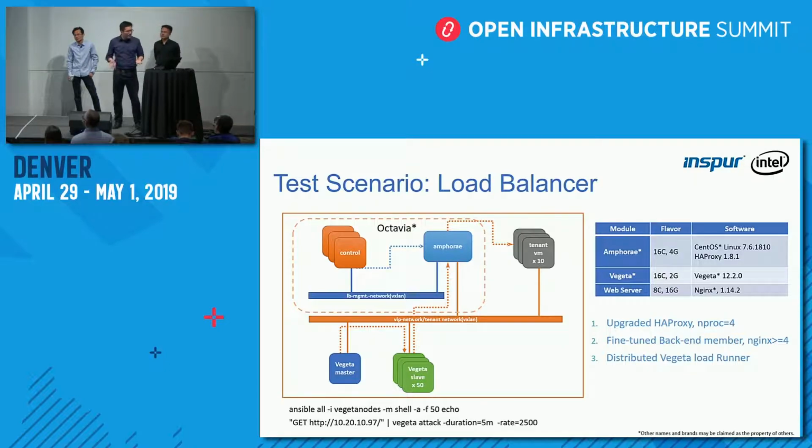And to get better performance, we tried to optimize the performance of Octavia. The main step we did is to upgrade the HAProxy from version 1.7 to 1.8 to take advantage of multiprocess, and use the CPU pin flavor to build every instance.